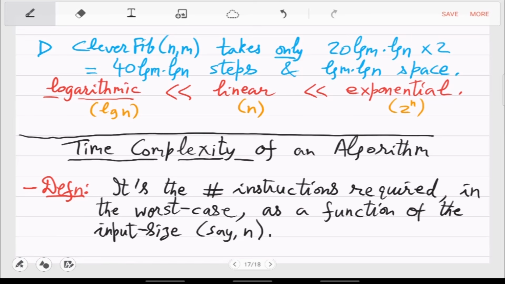The file is measured in bits or bytes, and that is basically your input size. And output size will be similar. If your C program takes input from a file and puts output in another file, what is the size of the output file? So these are the input-output sizes. Everything that we discuss, complexity or functions or whatever, are functions of this n.